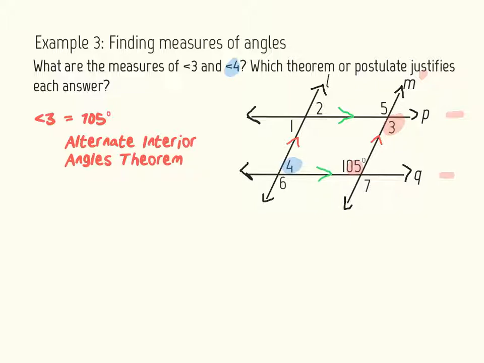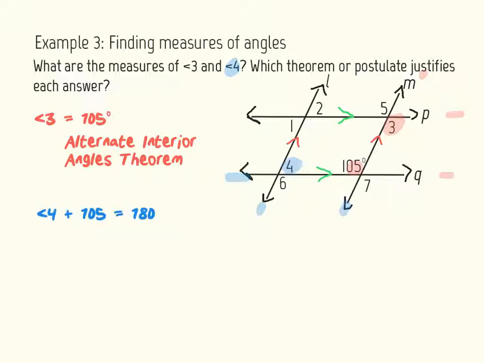This time we could look at lines L and M being parallel, and then the transversal being the Q here. If that's the case, then we would know that angle 4 and 105 would add up to 180 degrees. So that's by the same side interior angles postulate.